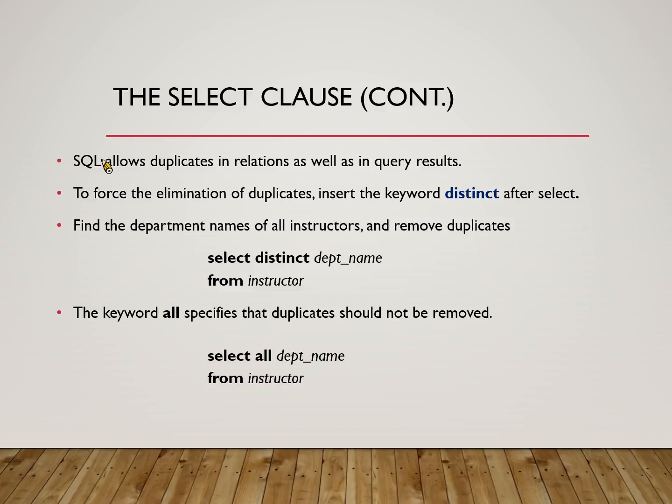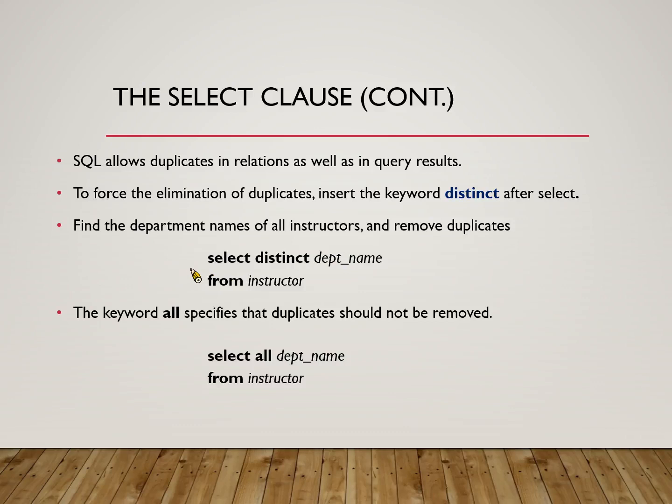And SQL allows duplicates in relations as well as in query results. To enforce the elimination of duplicates, insert the keyword distinct after select. For example, you can find the department names of all instructors and then remove duplicates.